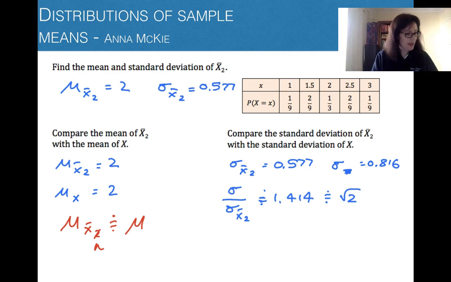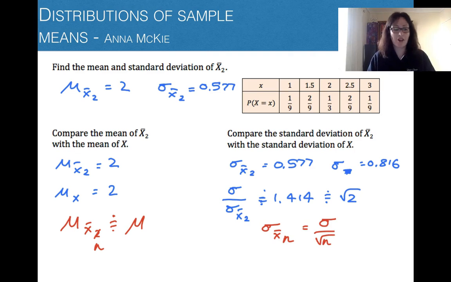And so the theorem here is that the standard deviation of x bar n, of the sample size there, is equal to the standard deviation of the whole population, which is just the standard spin in this case, divided by the square root of the sample size.